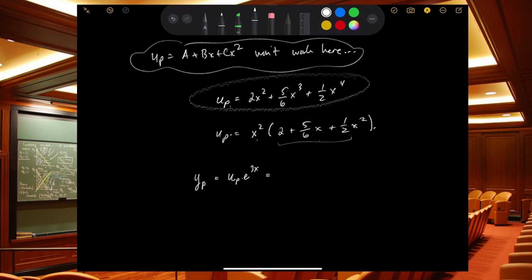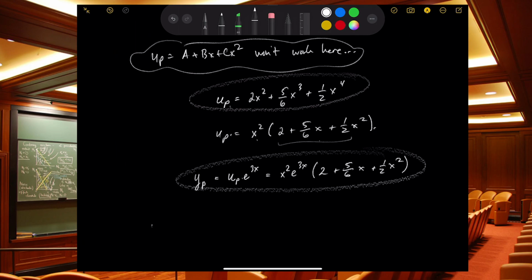That becomes x squared e to the 3x times 2 plus 5/6 x plus 1/2 x squared. So that's our particular solution, and again, y_c plus y_p will be your general solution here. But obviously the tough part is coming up with a particular solution.